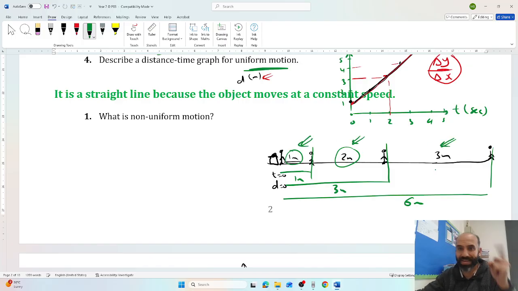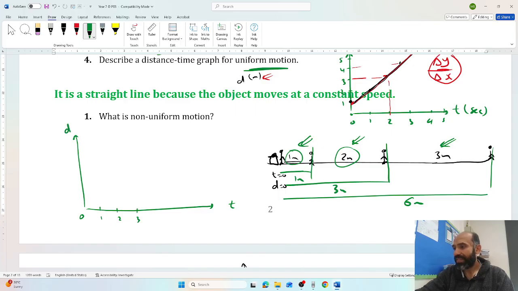Then you covered extra 3 meters, so the total is 6, and so on. So if you try to represent it graphically, for the time axis, it will be 0, 1, 2, 3. But for the distance, which will be represented on the y-axis, it will be 1, 2, 3, 4, 5, 6.